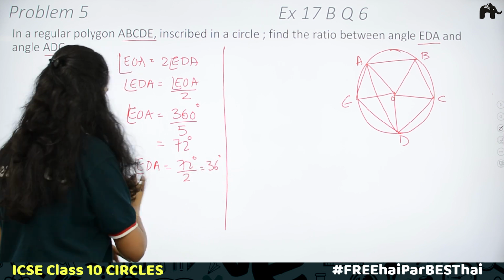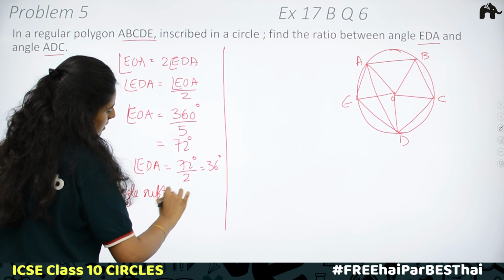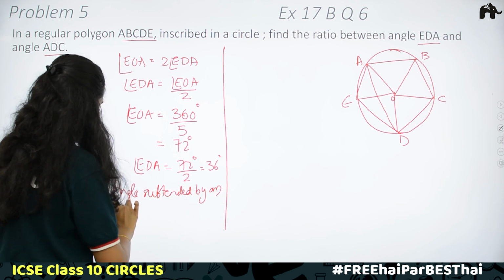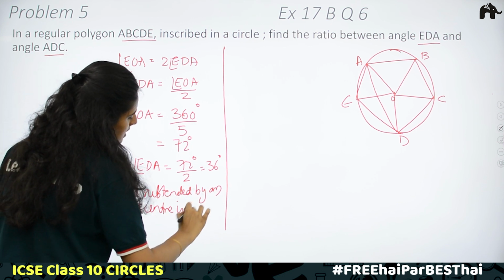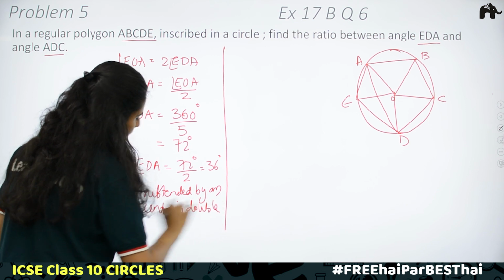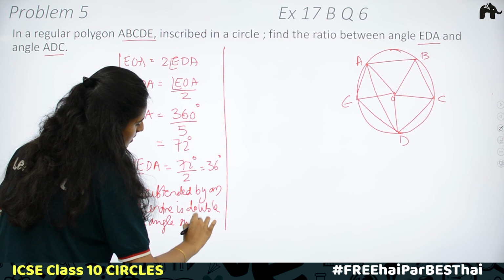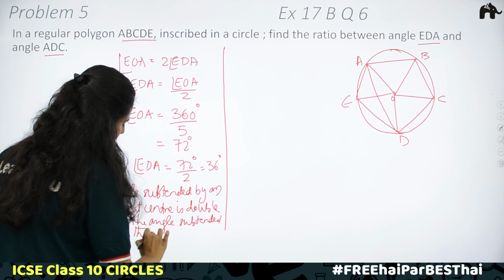What is the reason? Angle subtended by an arc at the center is double the angle subtended at the circumference.